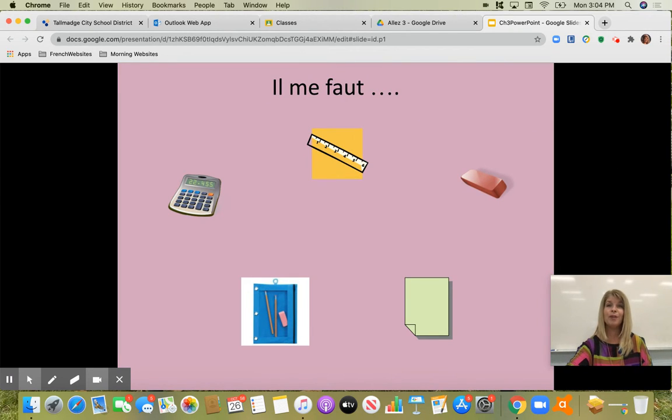Next, we have a few feminine items. That's why the background is pink to help our memory. Just go, okay, was it in a blue background or a pink background? Notice that we have way less items here too. Here we go. Répétez. Il me faut une calculatrice. I need a ruler.